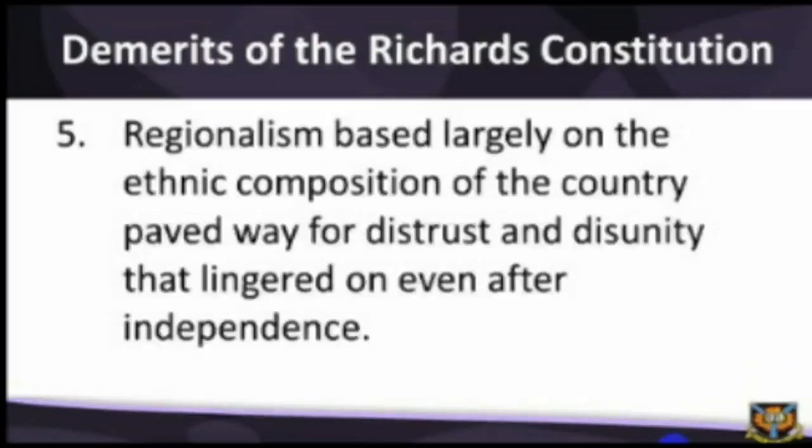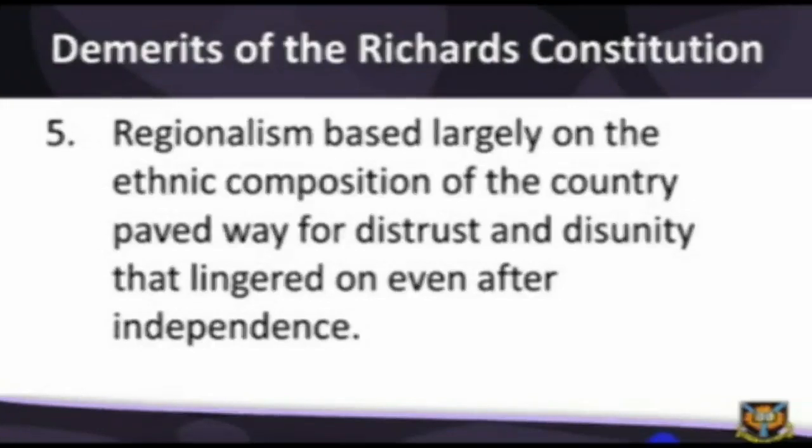Regionalism, based largely on the ethnic composition of the country, paved the way for distrust and disunity that lingered on after independence. All these made Nigerian nationalists put pressure on the colonial government for a new constitution.